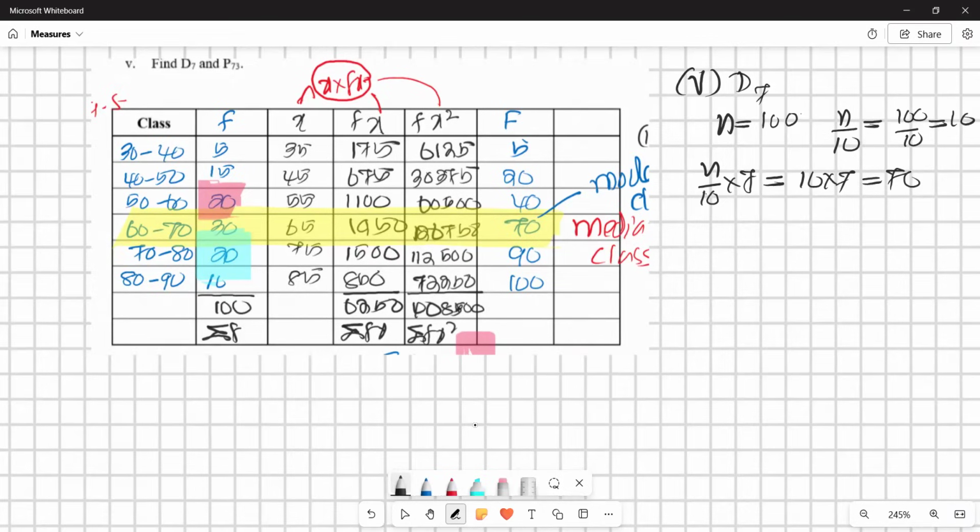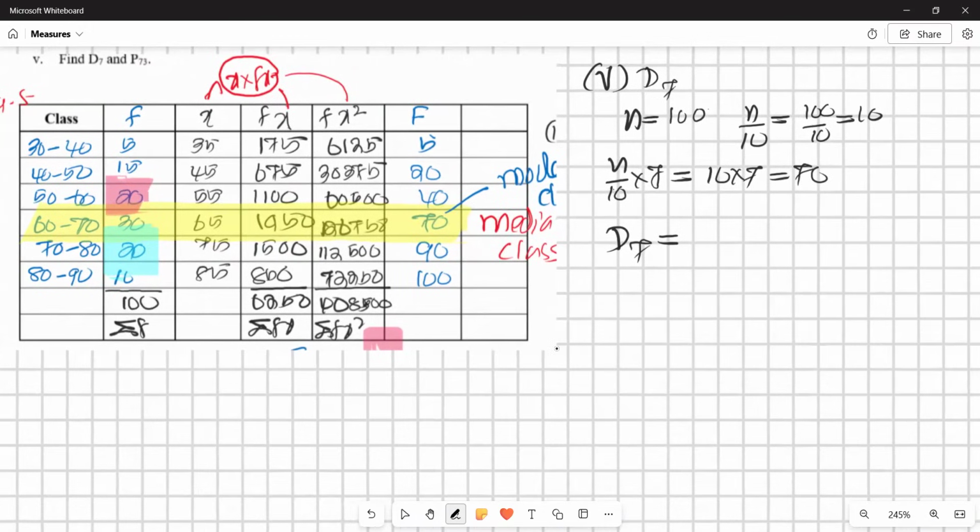The 70th item is here, in the highlighted class. Then D7 is the formula you have to remember well.